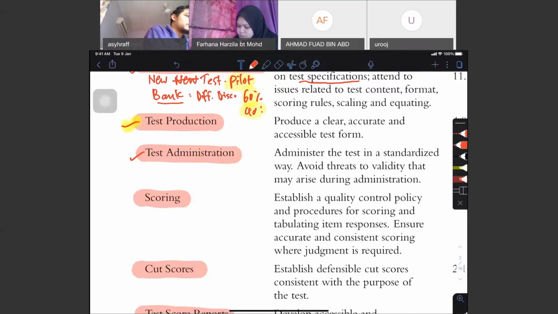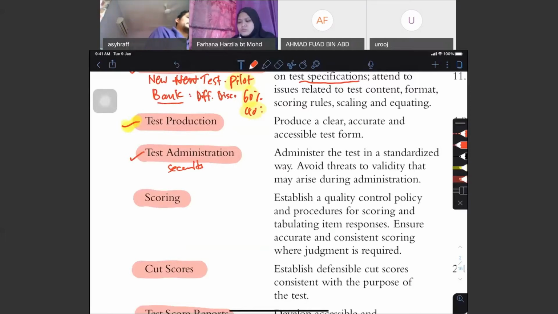All things related to content-irrelevant variance, like the environment and the security: who takes the questions from the strong room to the examination hall, who distributes, and are the invigilators aware of the rules?